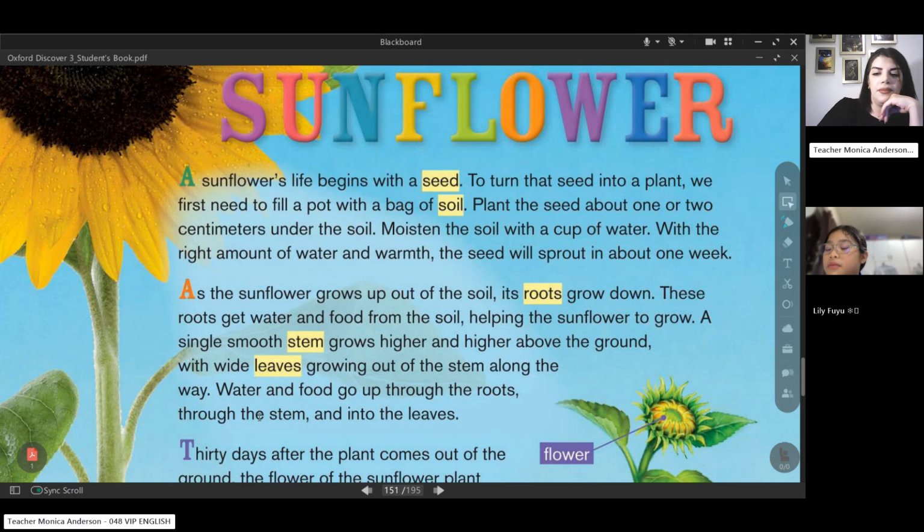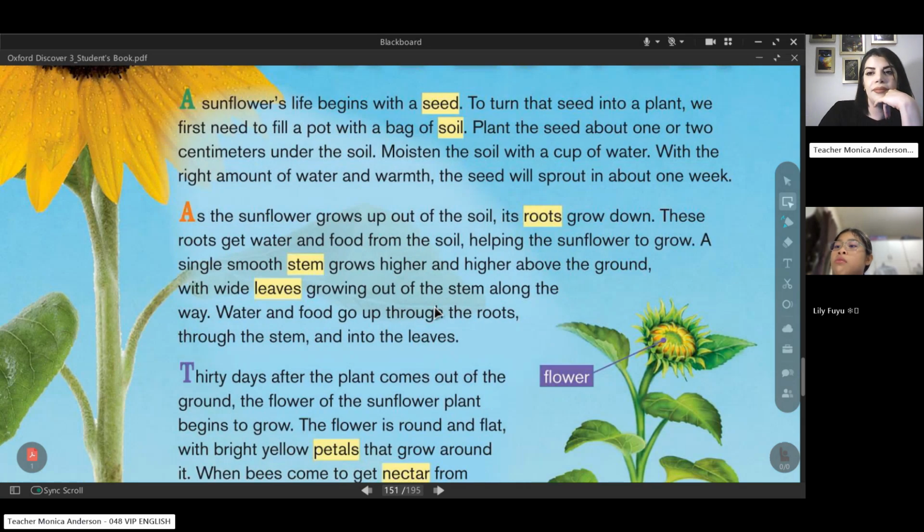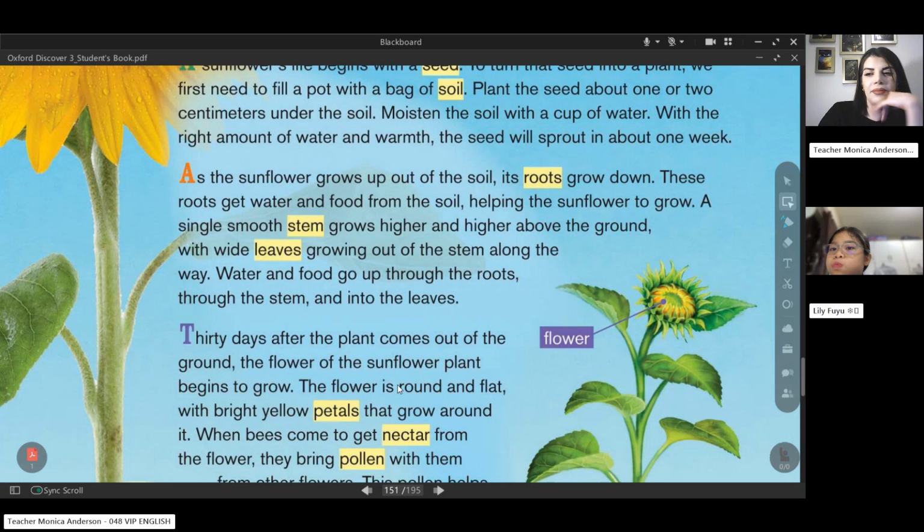As the sunflower grows up out of the soil, its roots grow down. These roots get water and food from the soil, helping the sunflower to grow. A single smooth stem grows higher and higher above the ground, with wide leaves growing out of the stem along the way. Water and food go up through the roots, through the stem, and into the leaves.